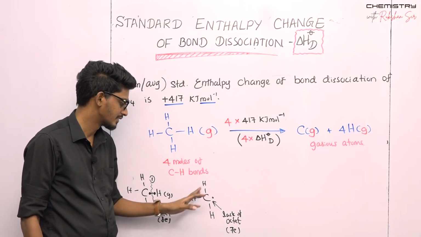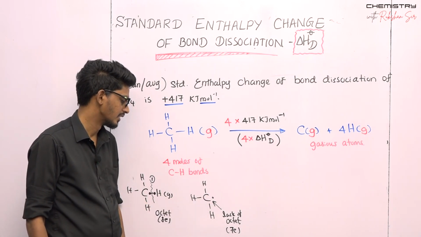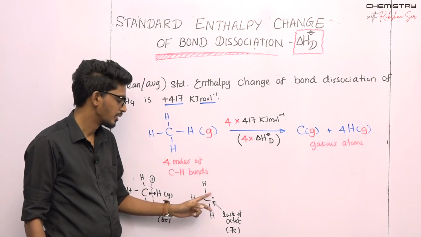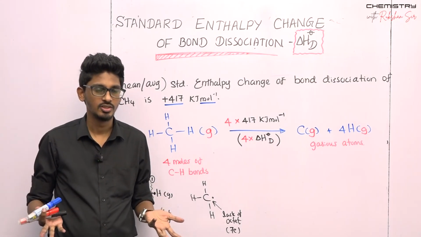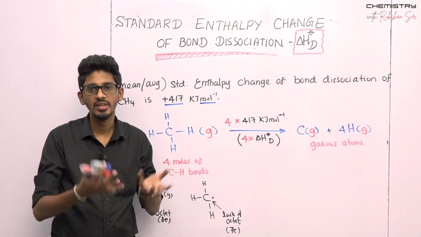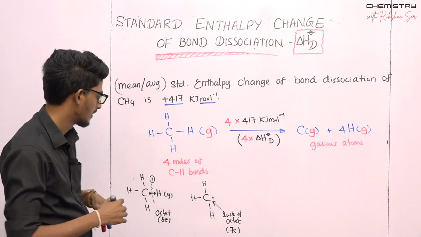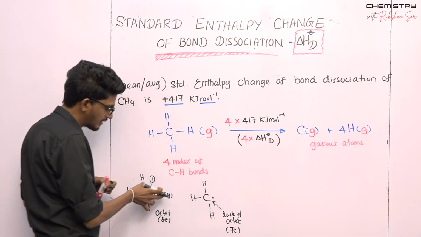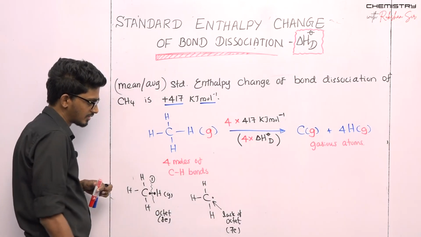As this carbon refuses to release the hydrogen with the electron, you need to apply more and more energy to break that bond. If someone is refusing to do something, you need to provide more and more energy. That is the idea. So this needs greater energy than here for the CH bond dissociation.